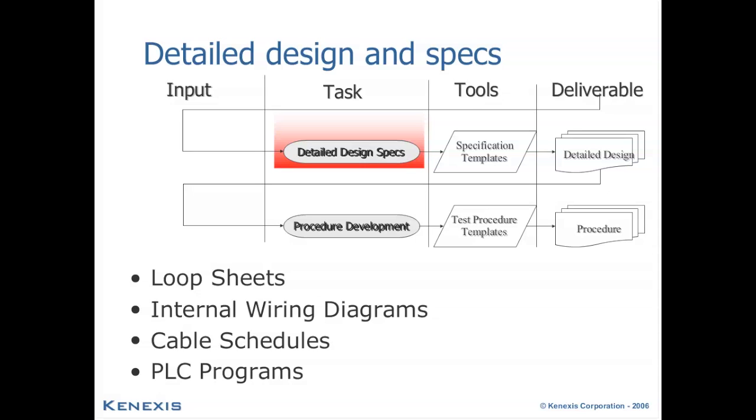So in detailed design, we're doing things like loop sheets, cable schedules, and wiring diagrams. The PLC is being programmed and configured to achieve the functionality that's been described in the safety requirements specification, and the output of this step would be a detailed system design.